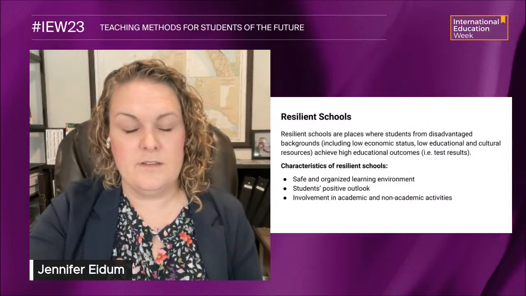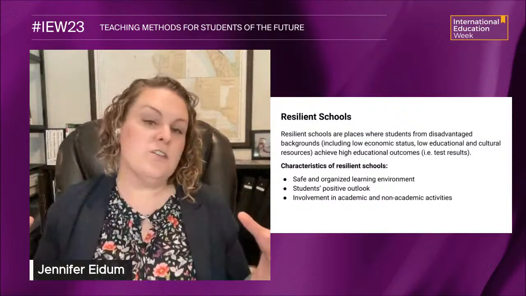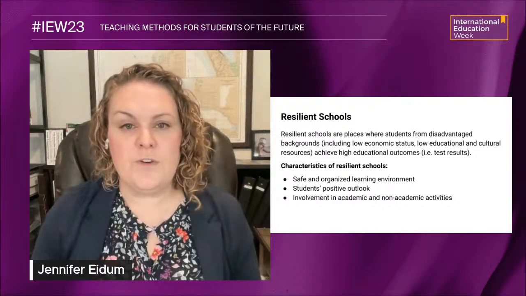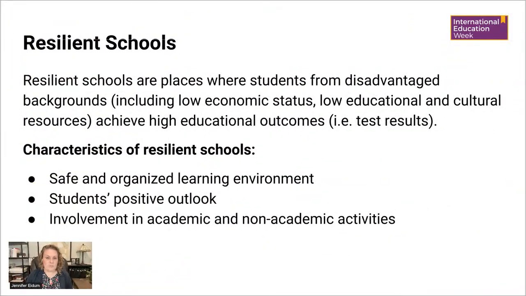And when we zoom out to the school setting, resilient schools are places where students from disadvantaged backgrounds, which may include low economic status, low educational and cultural resources, still achieve high educational outcomes. A lot of research has been done on state tests, looking at the test results of schools with disadvantaged backgrounds.